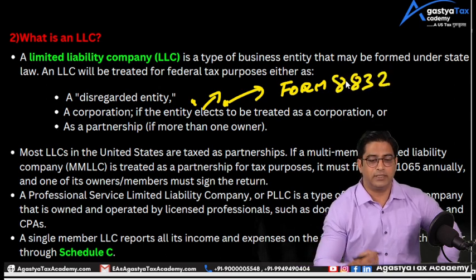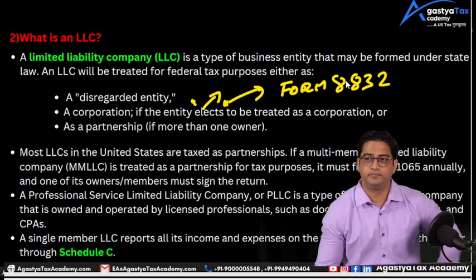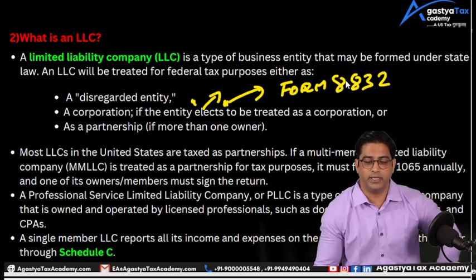The entity elects to be treated as a corporation. Next point, or as a partnership.